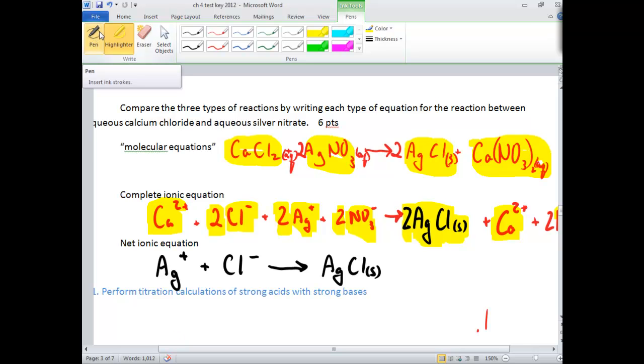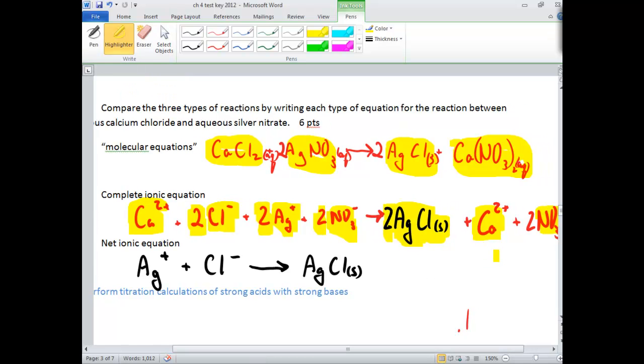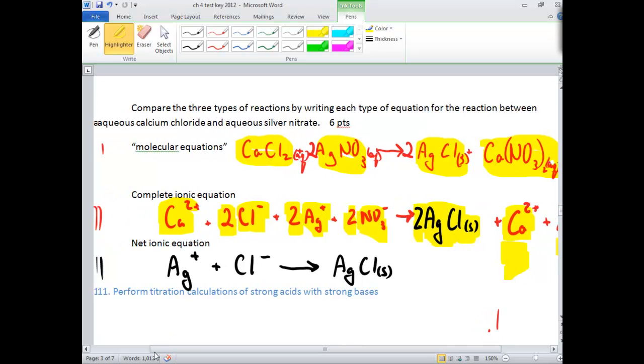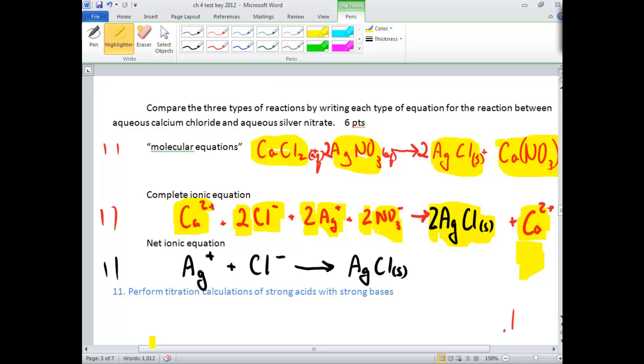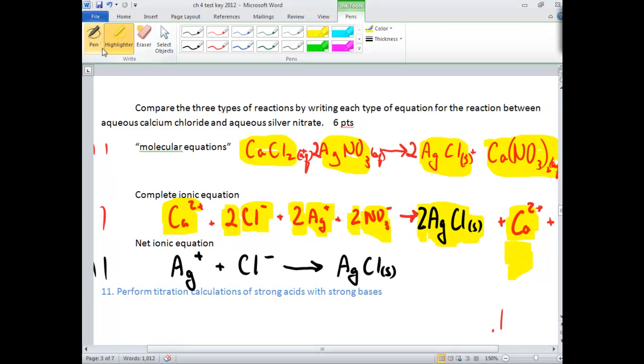It is important to remember, though, there's still calcium and nitrate floating around in this solution, because sometimes you have to use that knowledge in your chemistry problem. But right now, to get net ionic equation, just the stuff that reacts, we're going to cross out the things that are identical.